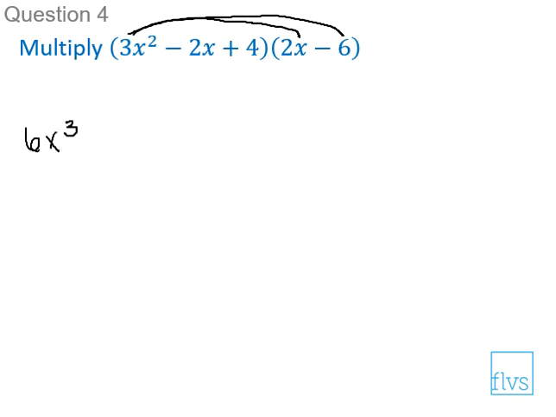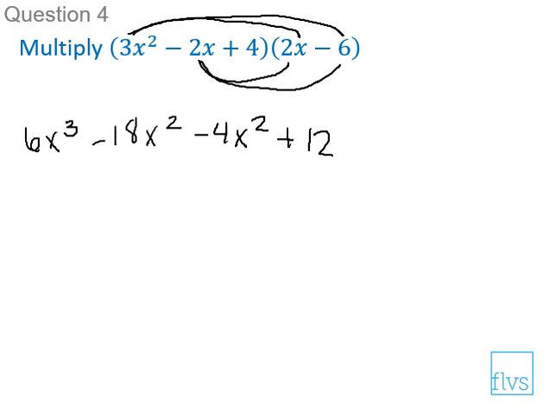And the 3x squared times negative 6 is negative 18x squared. Now we're going to multiply the negative 2x by everything in the next term. So we'd get minus 4x squared and then plus 12.